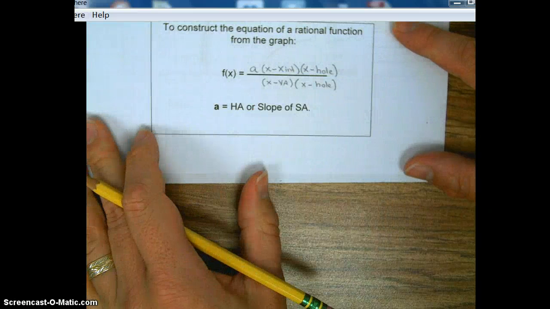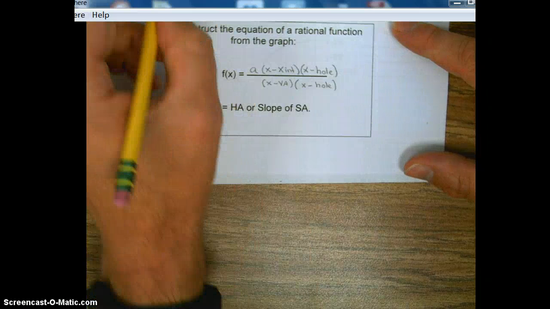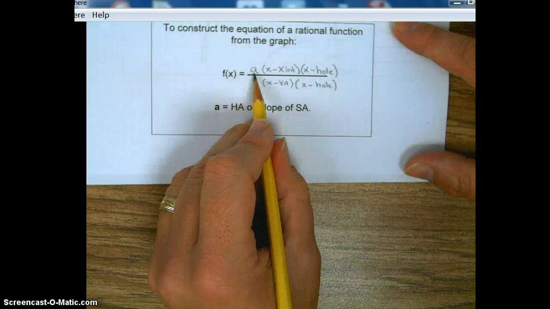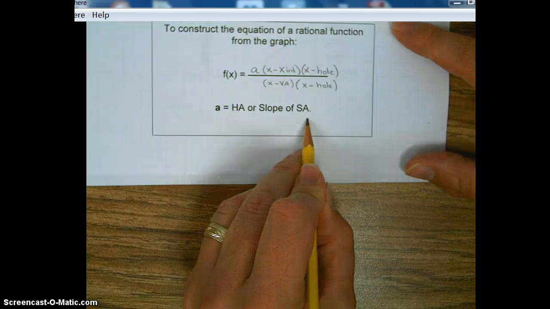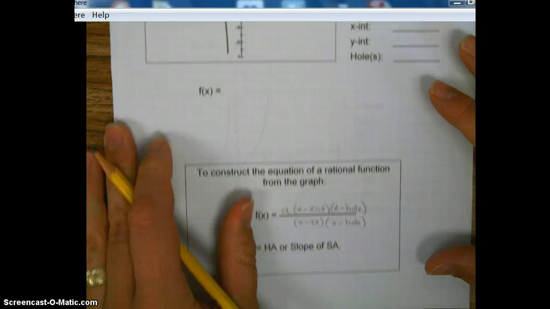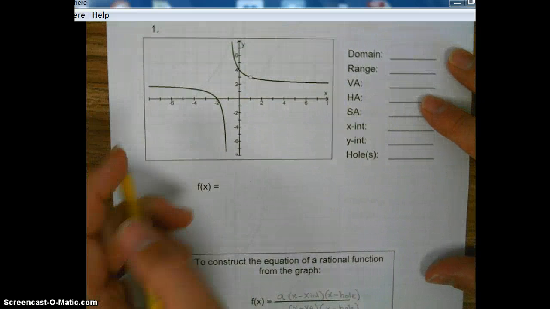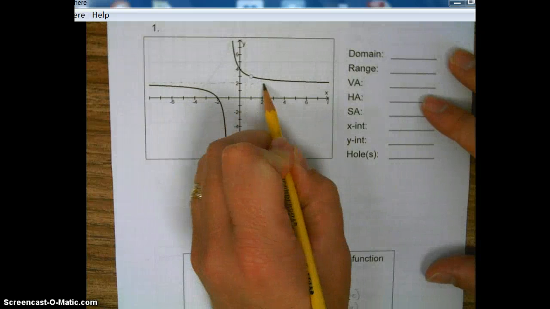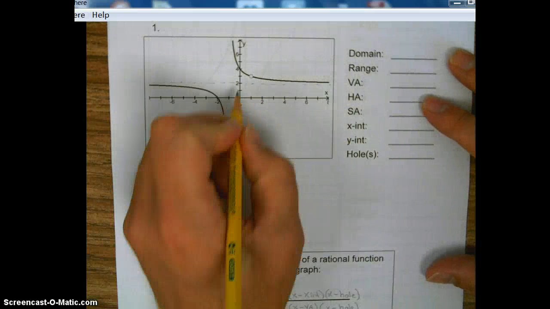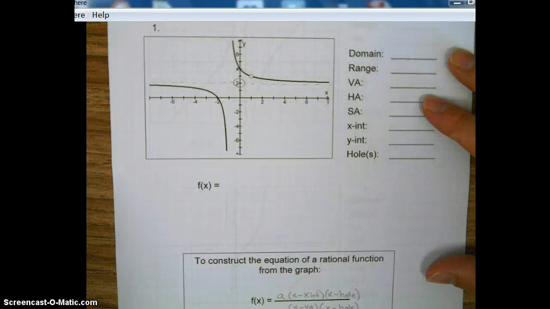So let's start off by building the equation. It says A is the horizontal asymptote, and we'll talk about this later. The horizontal asymptote's right here, and that value is 2.